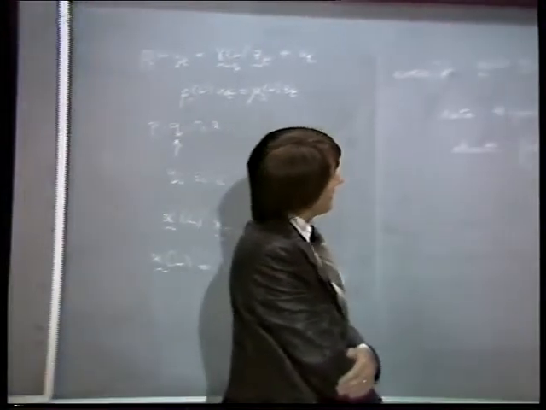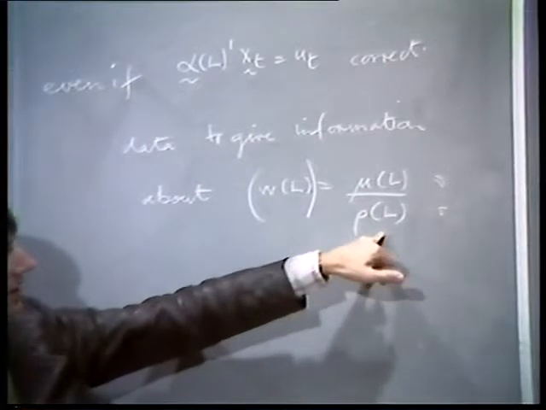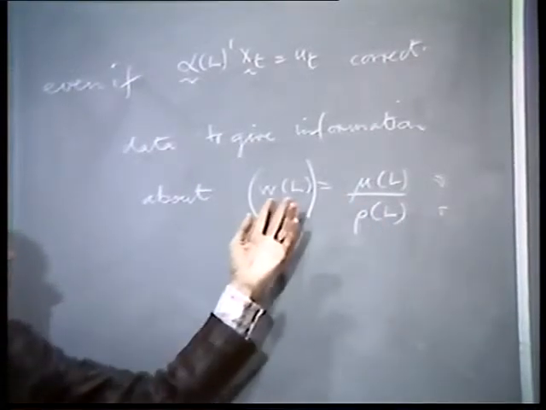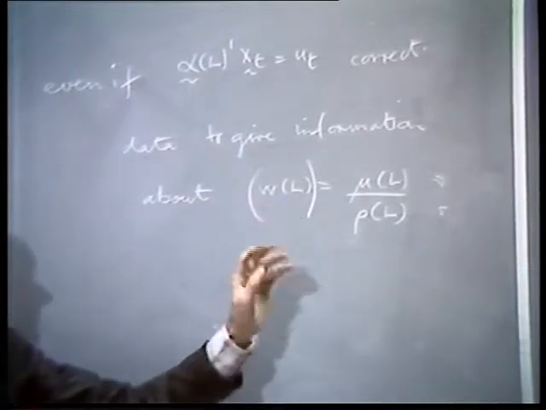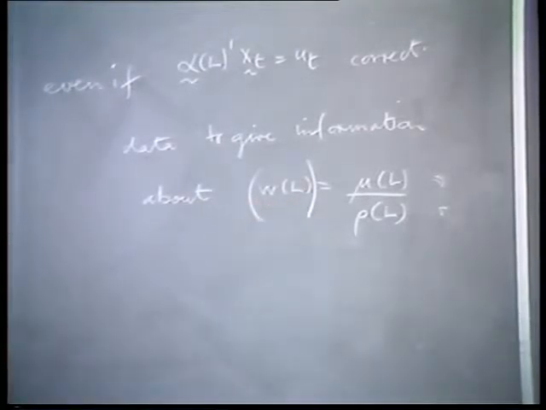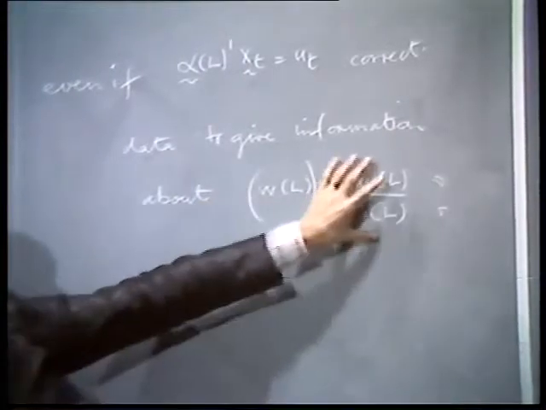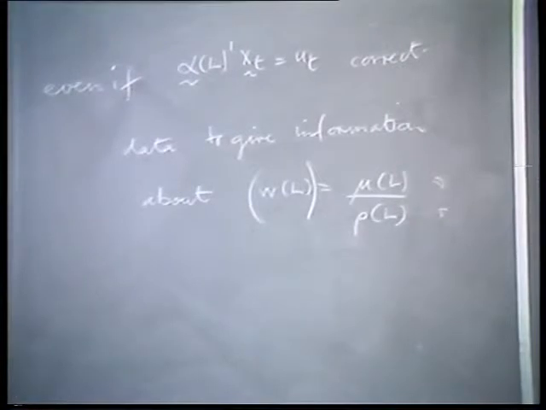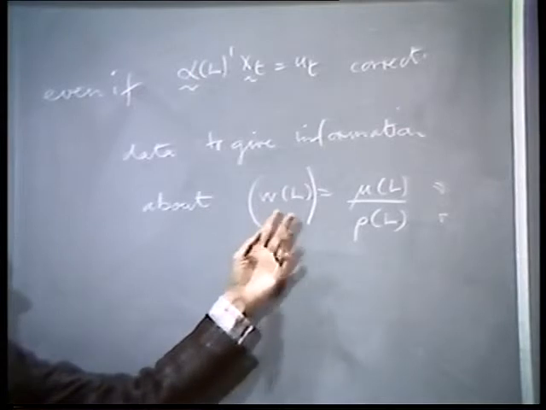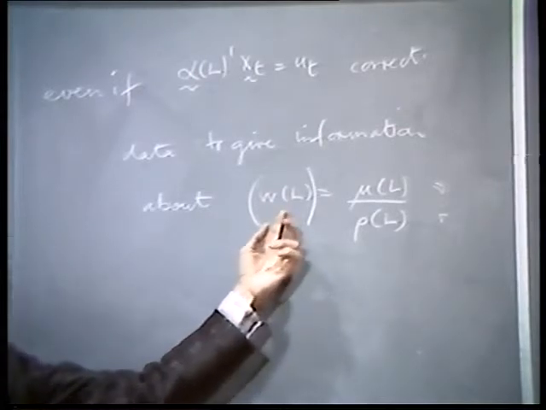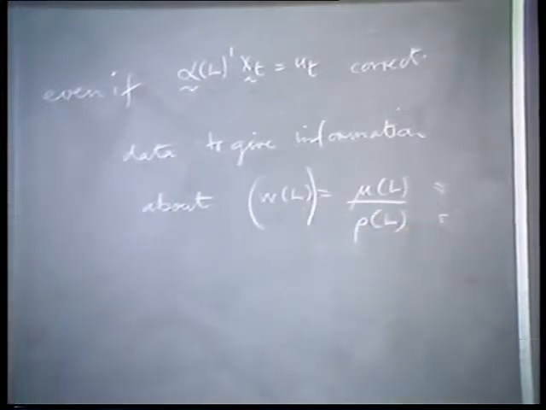That arises even though we may have come to this rational lag representation from an original specification which was in terms of W of L. And we may originally have had a belief that W of L was of infinite order, and so use this rational approximation. But even then, the data is only likely to give us information directly about W of L and be much less powerful in determining nu and r.